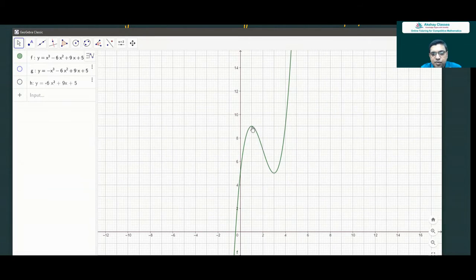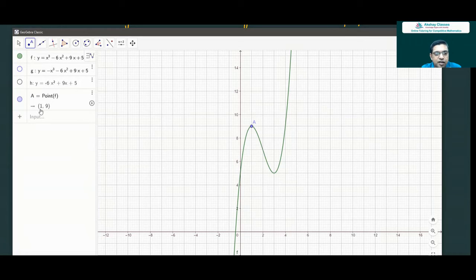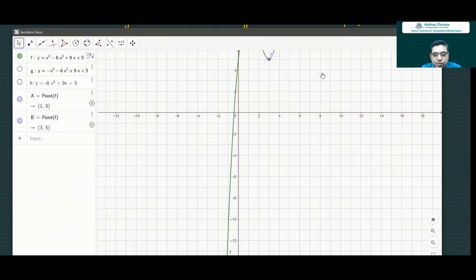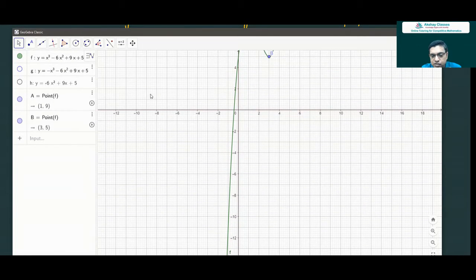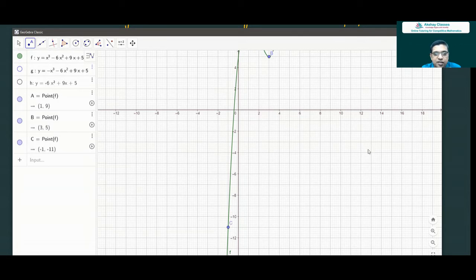So now let us see this value. If I click this point, see, it is 1, 9. At x equal to 1, the function value is 9, for this graph, x cubed minus 6x squared plus 9x plus 5. And for x equal to 3, you get a minimum value, which is 5. At x equal to minus 1, the value is minus 11.